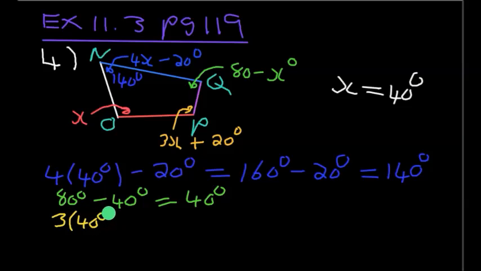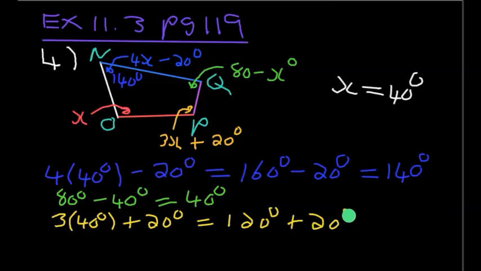So we can substitute, and then we still have to add the 20 degrees. 3 times 40 is 120 degrees. We still have to add the 20 degrees, and we get 140 degrees if we add 120 and 20 degrees. So we know the yellow one is 140 degrees.